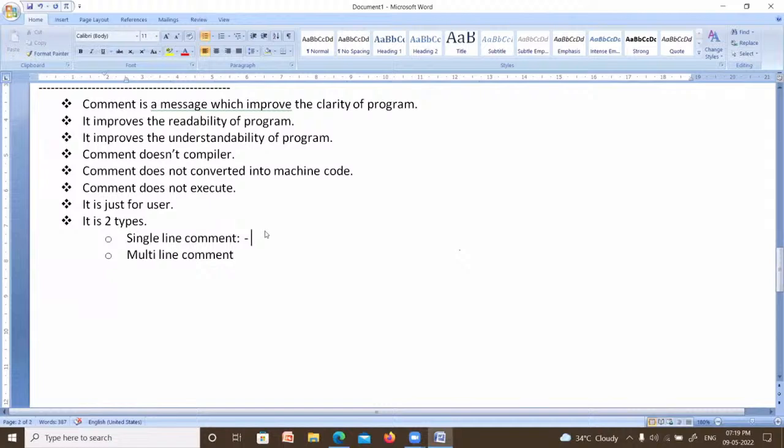Now, what is a multi-line comment? Sometimes the comment is not small. It is big. It won't fit in one line. It will be in multiple lines.